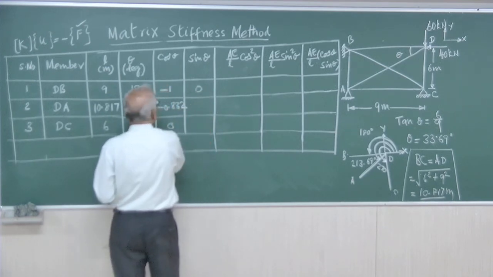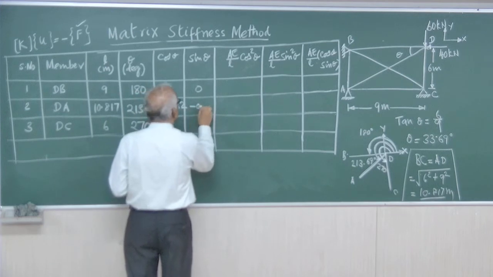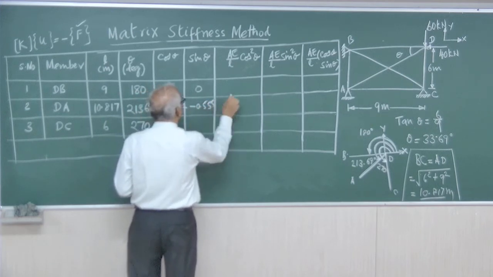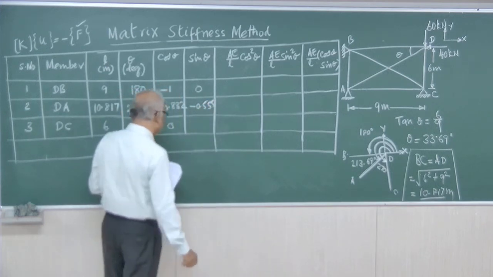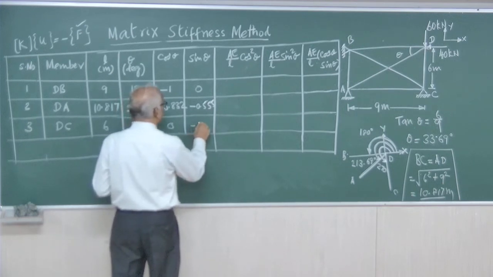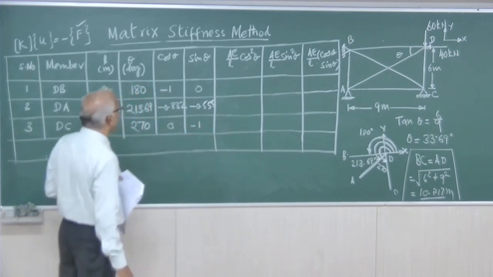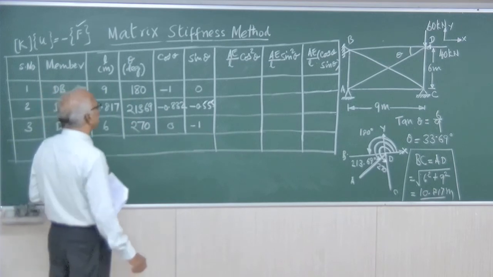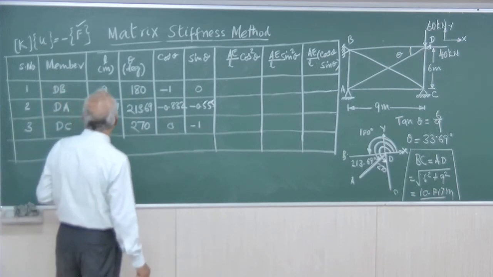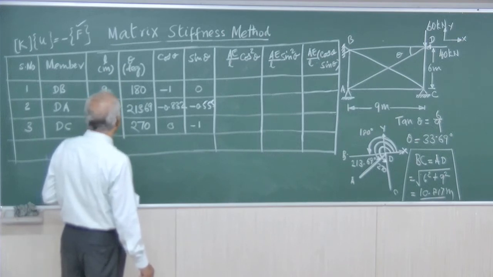Sin 213.69 is minus 0.555, and sin 270 is minus 1. Only calculations.